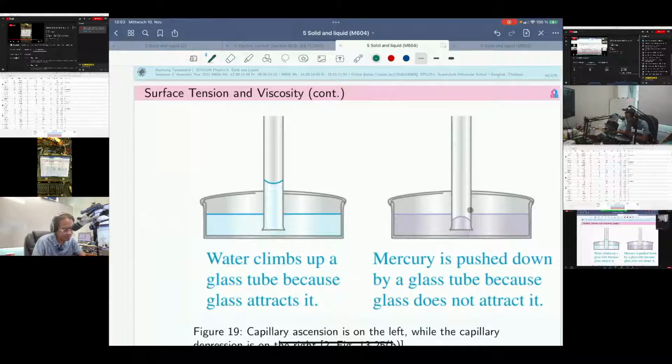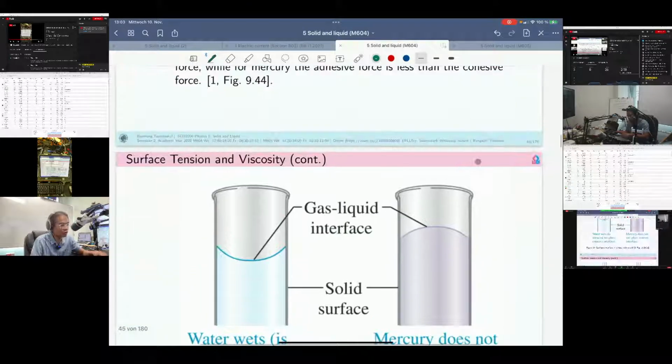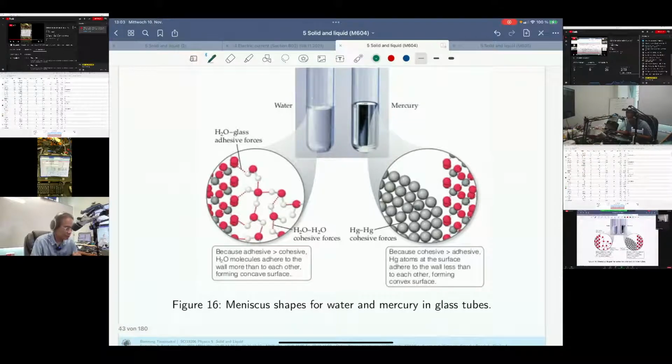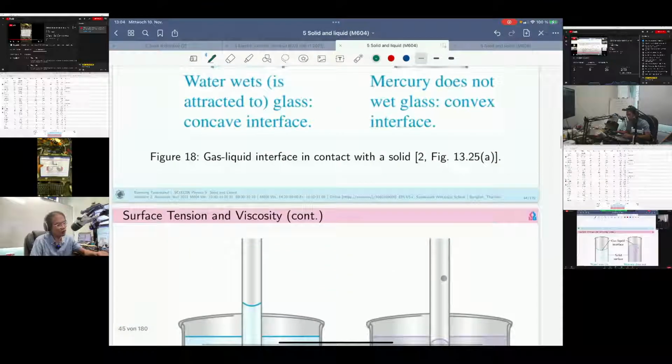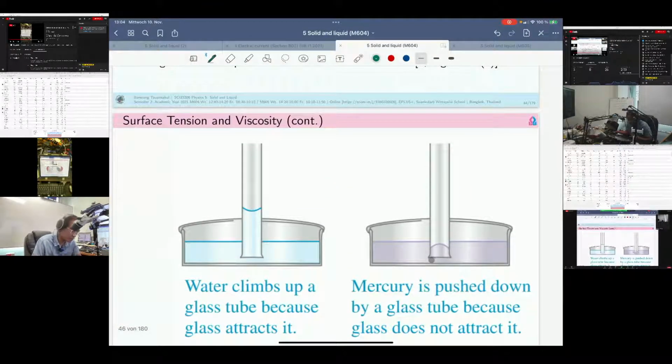Because, as we have seen before, the cohesive force among the molecules of mercury is stronger than the adhesive force, the attractive force between mercury and the glass. So because the force inside this liquid is very strong, they try to attract each other together, so they don't care about the attractive force to other material, to the glass in this case.